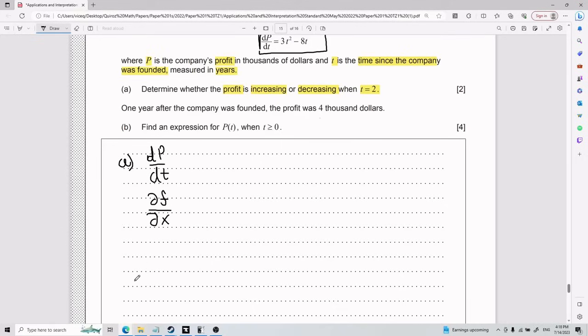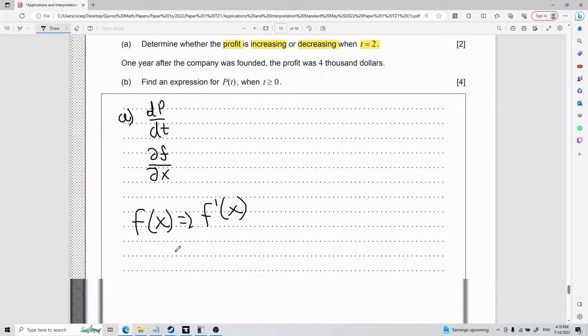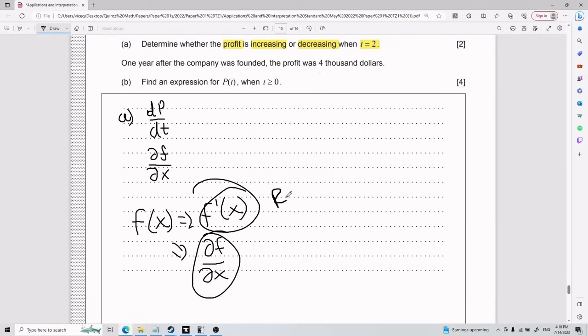Okay, the moment you go from f of x to the derivative of f of x, or also, which is a synonym, this down here, okay, this is all now rate of change, okay? And so when you plug in, say, x equals 5 in this scenario, you're saying, what is my rate of change at x equals 5?